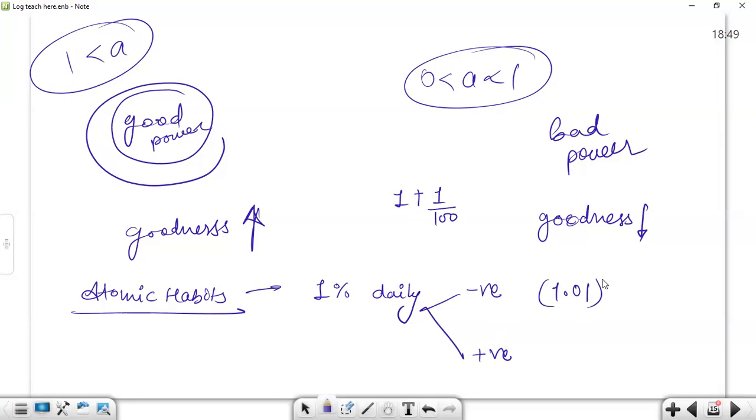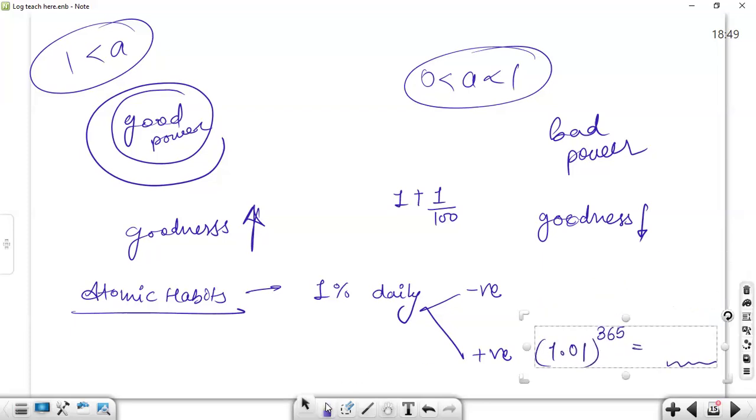And if we do it continuously for 365 days, there will be some magical number here. Sorry, I've written it otherwise. It should be here because we are improving ourselves 1% daily. And if we decrease our quality of life by 1% daily, then 1 becomes 1 minus 1 by 100, so it becomes 0.99, right?